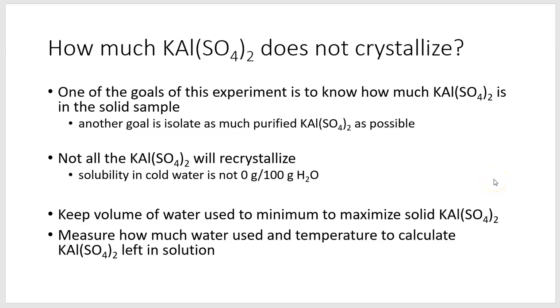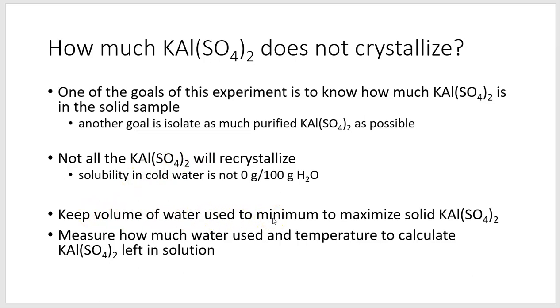So we are interested in how much of the alum doesn't crystallize. One of the things we want to know is how much alum is in our solid, and we also want to isolate as much of the alum as possible. To accomplish these two things, first off, we're going to keep the volume of water to a minimum.